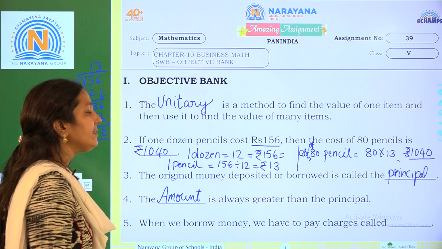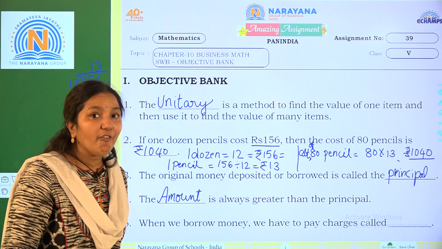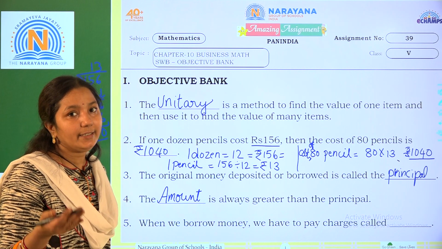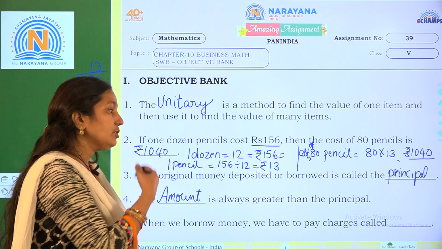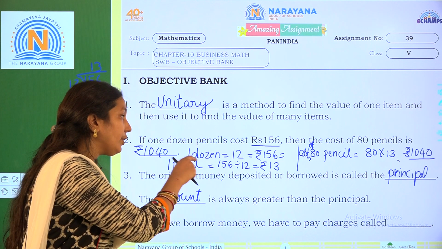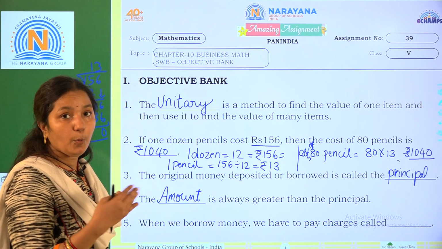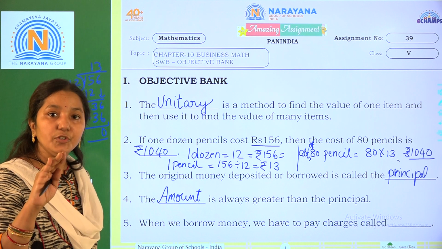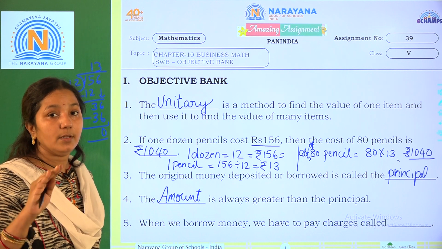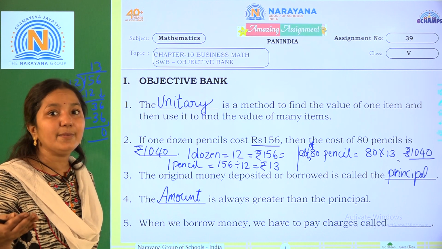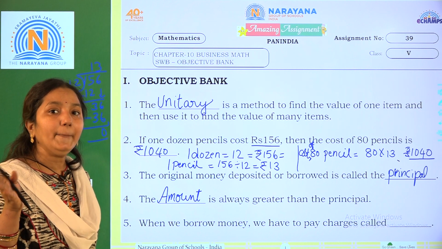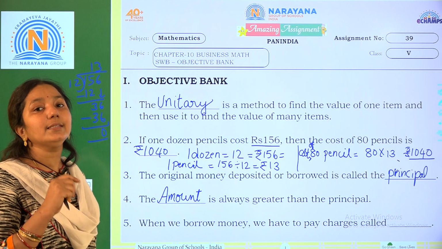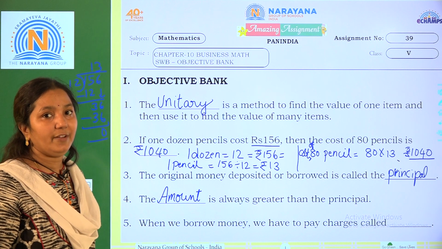Amount is always greater than the principal. Why? Suppose you borrowed 1000 rupees and you have to pay extra money. So principal plus the extra is the amount you will get.